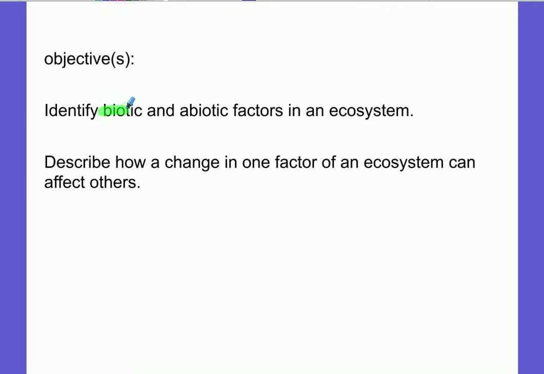And if I throw an A in front of anything, that little prefix basically tells you the opposite of. So the opposite of a living thing would be a non-living thing. So we're going to talk about living factors and non-living factors in an ecosystem. But then we're also going to describe how a change in one factor of an ecosystem can affect others.